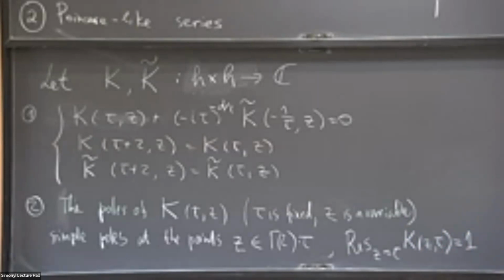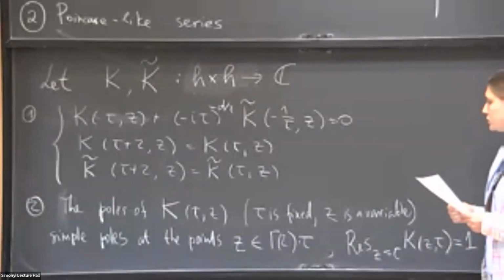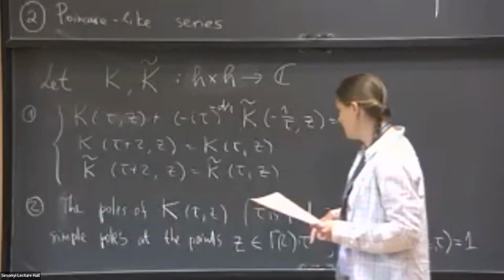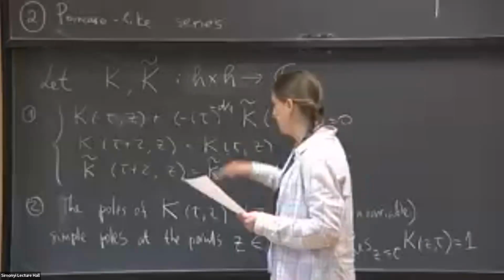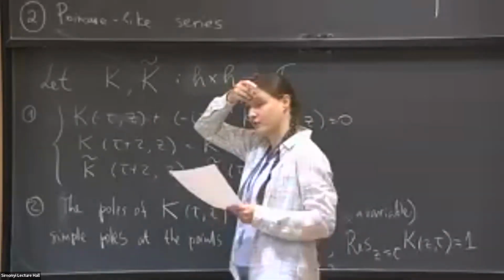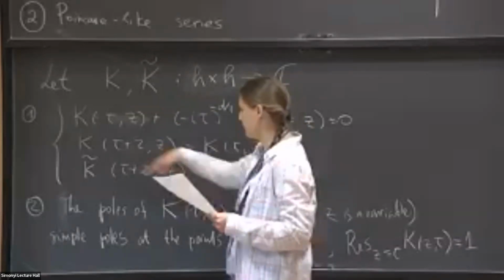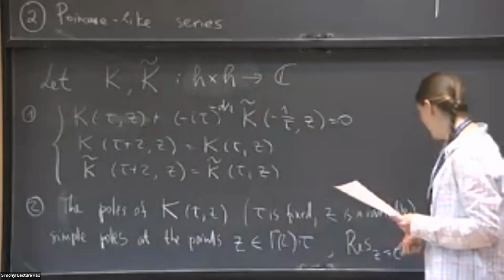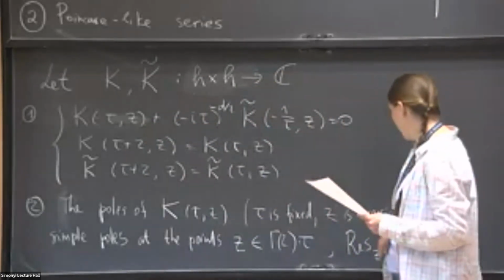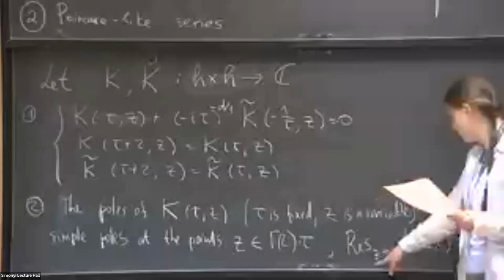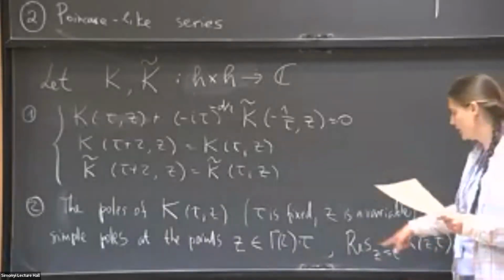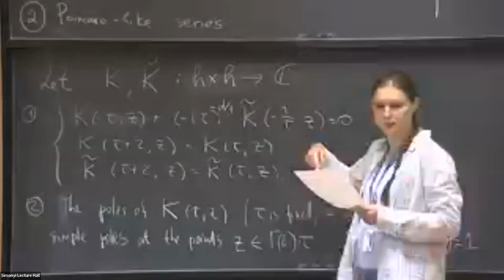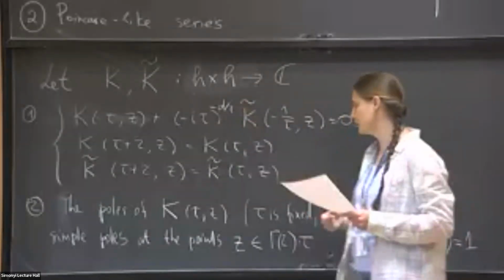The transformation properties in z can be deduced from these conditions if we put more conditions on the growth of this kernel in z. As for the residue at other Gamma translates, it would essentially be the meromorphic factor which comes from this equation.